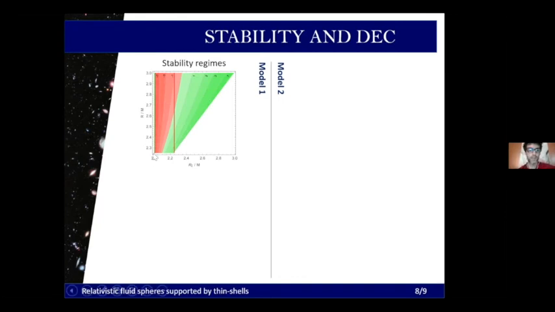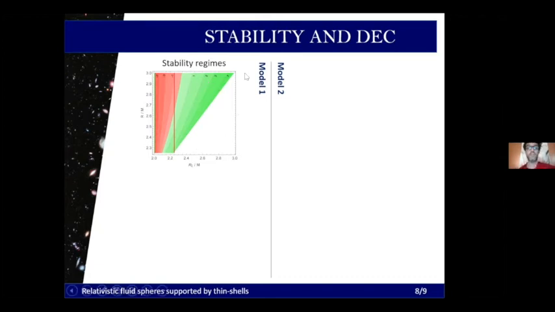And if you look here, at 2 times the mass, you will see that there is this very thin green line, which means that these star solutions are stable when the thin shell is arbitrarily close to the size of a black hole.